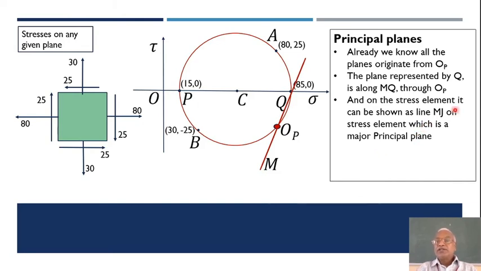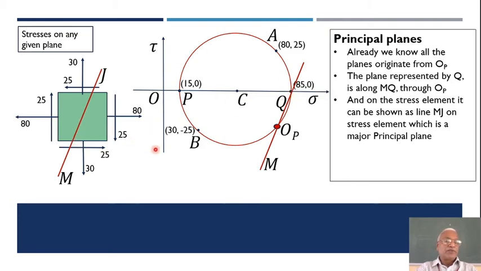And on the stress element, it can be shown as line MJ, which is the major principal plane. Now you have to draw the line parallel to that. You can just see there, if you put that as MJ, that is nothing but a plane without any shear stress, with a major principal stress of magnitude 85, and it is a positive value.